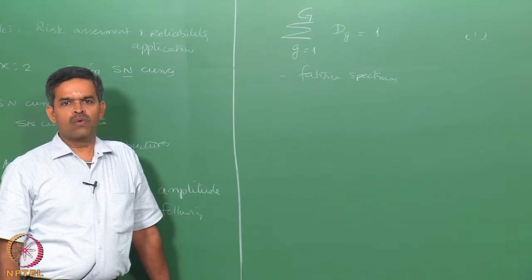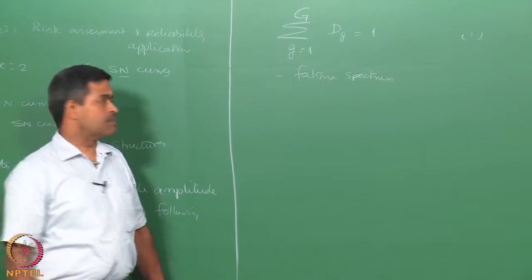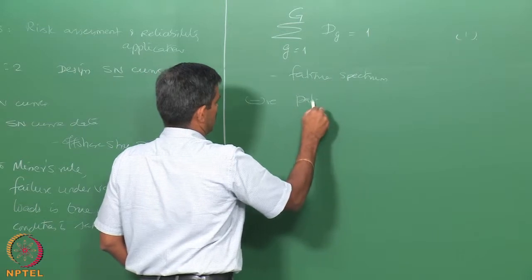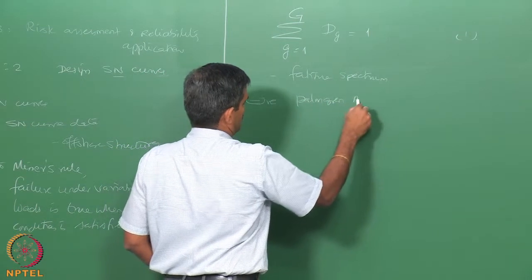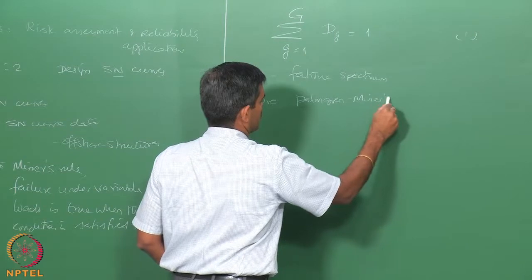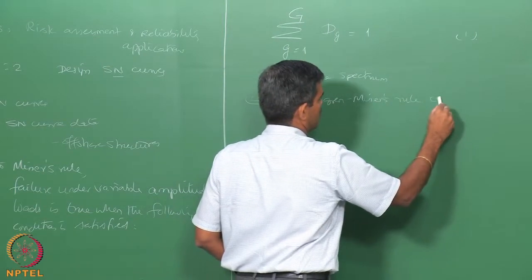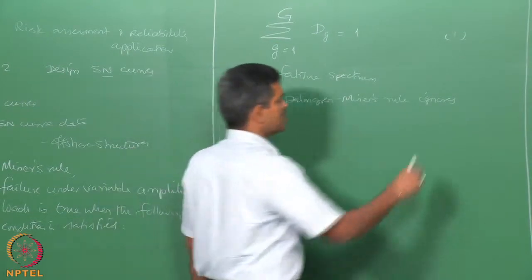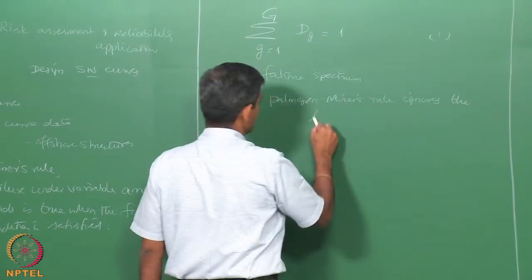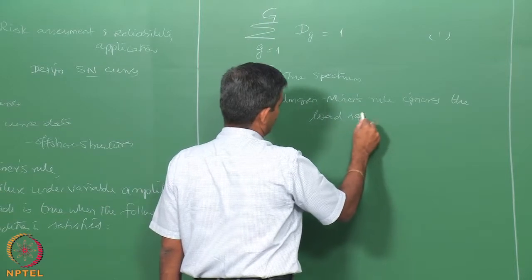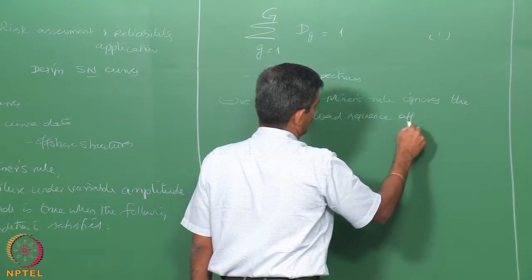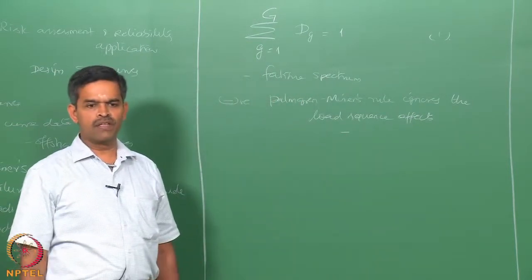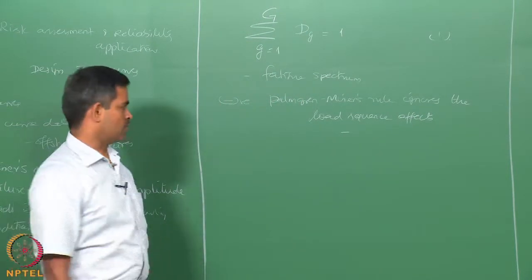The Palmgren-Miner rule actually ignores one important aspect which can be considered a negative issue. The Palmgren-Miner rule ignores the load sequence effects, which may be very important in identifying the system reliability of offshore structures.